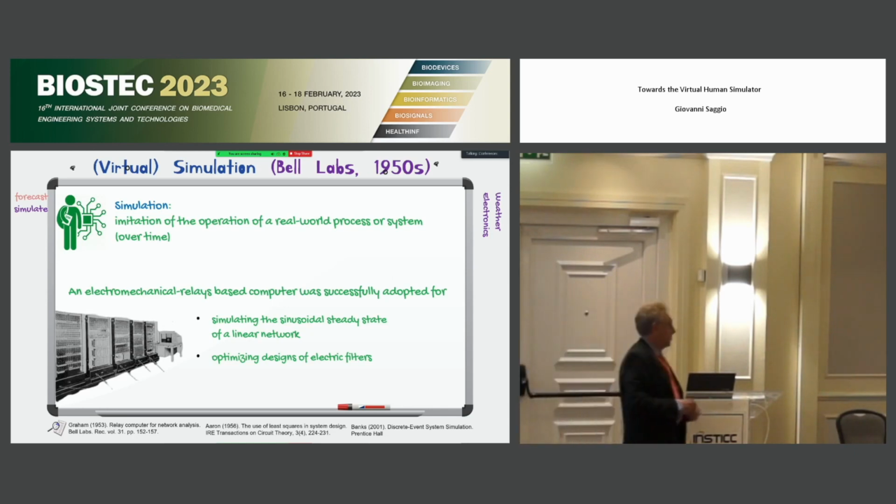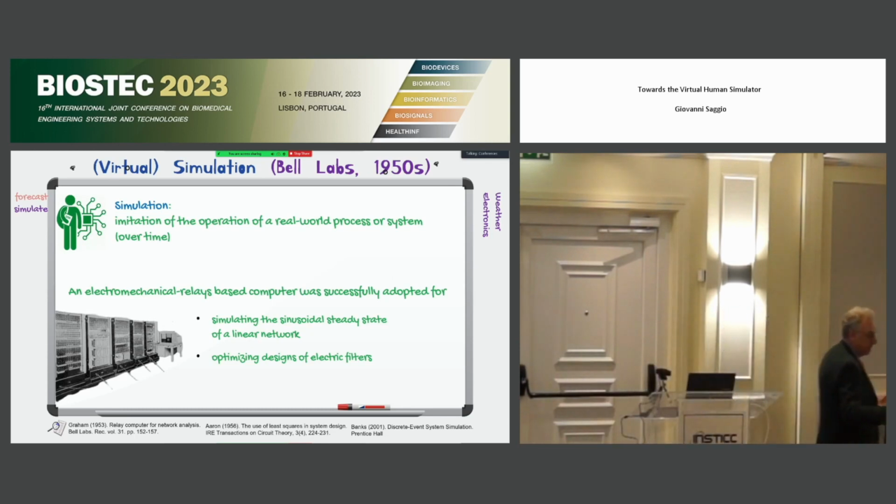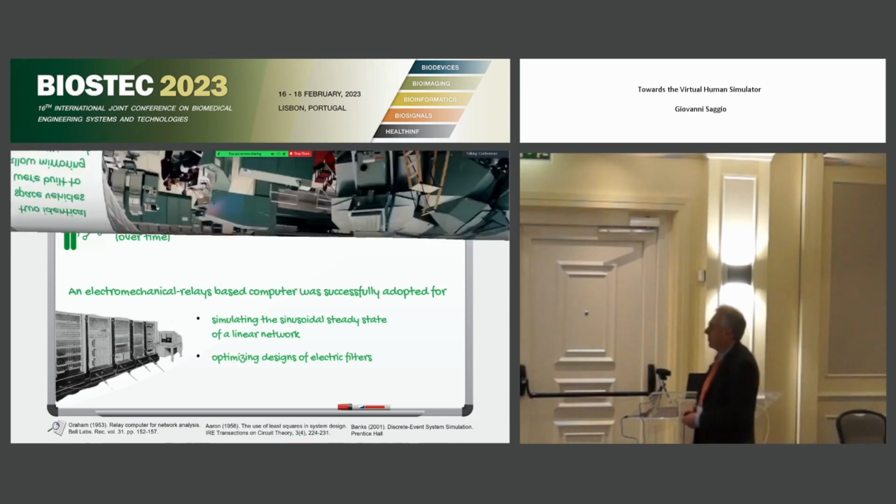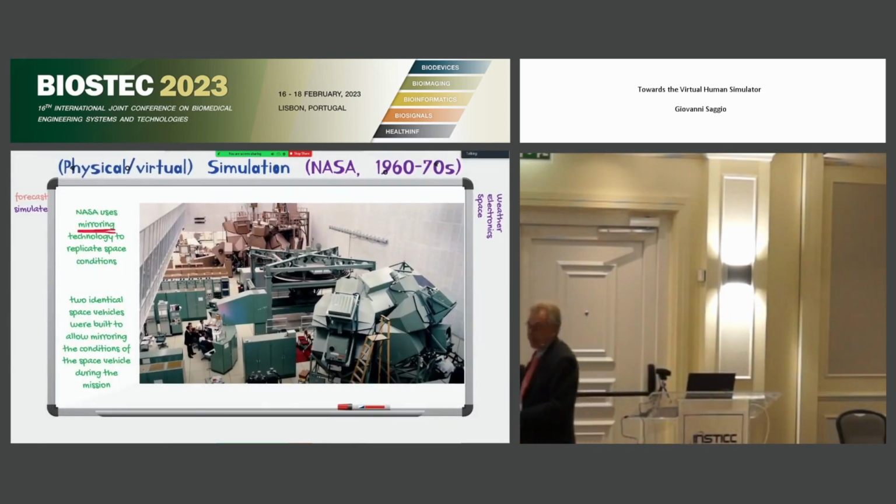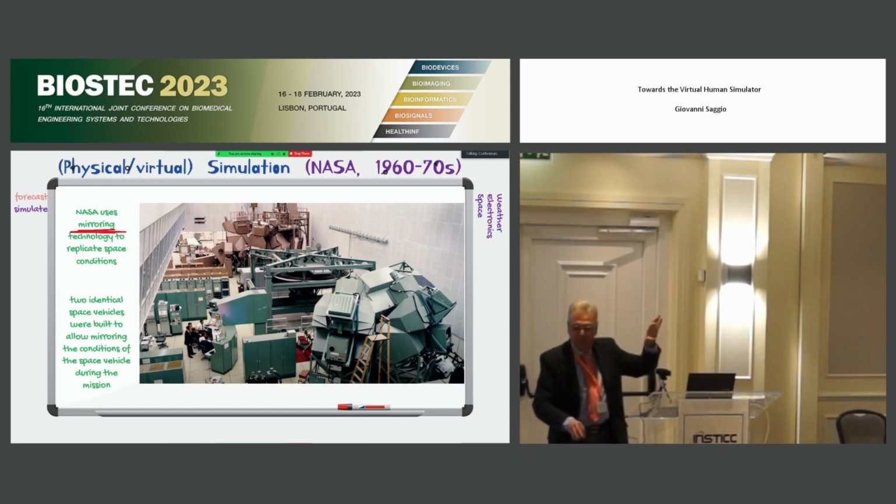Okay. So since then, you know that many things happened. But the second occasion to have a simulation was in NASA. In NASA, during the years 1960, 1970, those years, NASA used to simulate, to mirror technology in space and on the Earth, to mimic what is going on in outer space, but on the Earth.